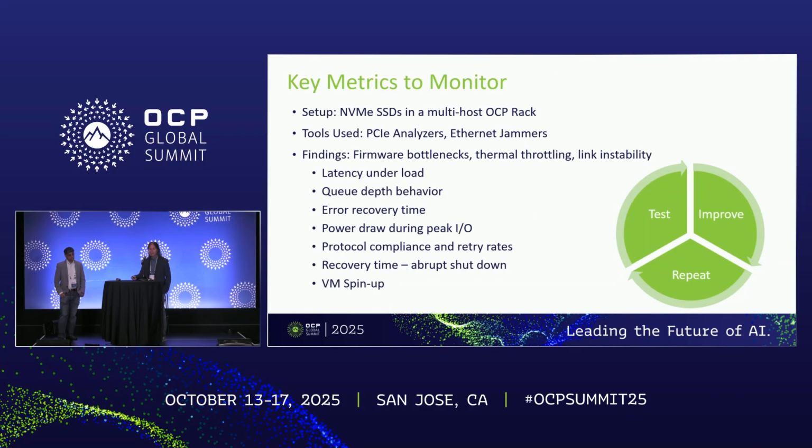We also monitored key metrics, setting up these SSDs in multi-host OCP configurations. We used the tools to manipulate what was going on the link, and then measured what's happening with latency under load, error recovery times, protocol compliance and retries, and certain clustered and VMware type configurations.